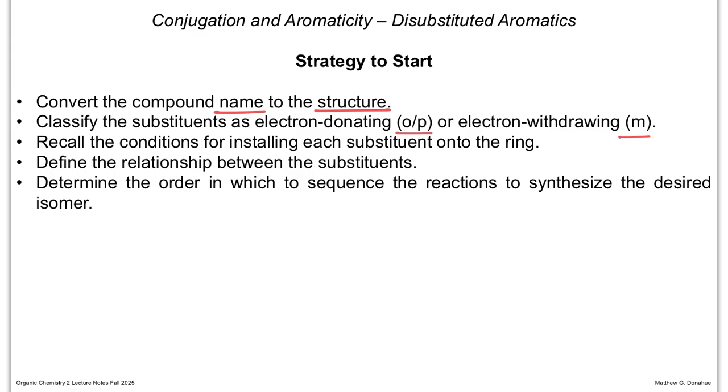The next step is, once you've identified what that substituent is, go back and review the reaction conditions to get it on there. So once you have those notes down, what is the relationship of all of those substituents relative to one another?